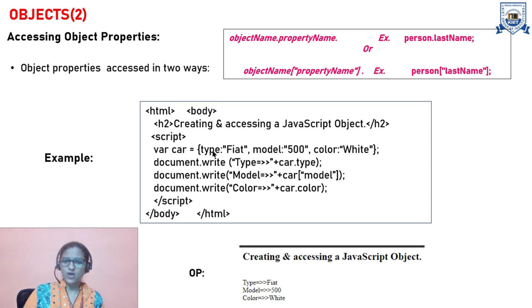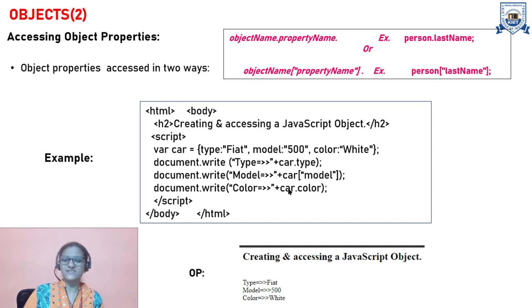So as soon as we call the property type, it will be called only and only with the help of this object literal object. So the object is car, so car.type, or the other way is with the help of this bracket, car["model"], this way in the double quotes inside this bracket. This is another way.